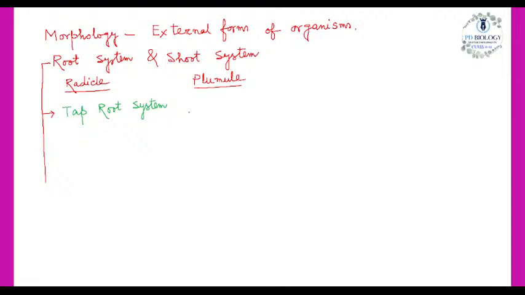So taproot system consists of primary, from primary to secondary, from secondary to tertiary.